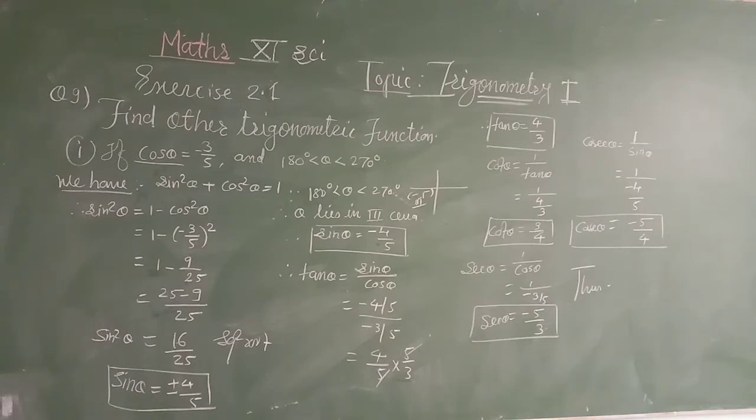Therefore, we get the value of sin theta minus 4 by 5. Then you know the tan theta formula, sin theta upon cos theta, we get the value 4 by 3. Then by using the reciprocal formulas, we get other 3 functions. In this way, we can solve examples to find other trigonometric functions.